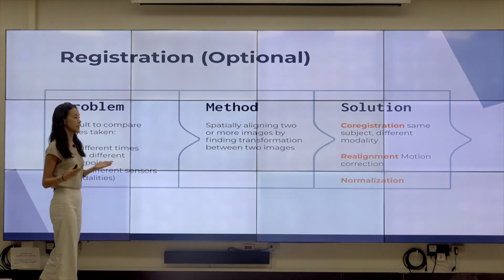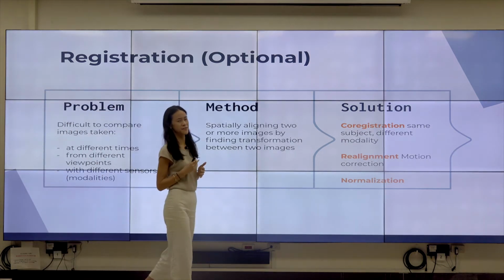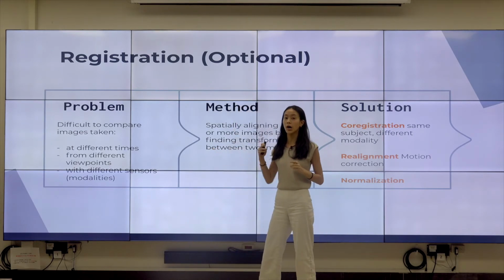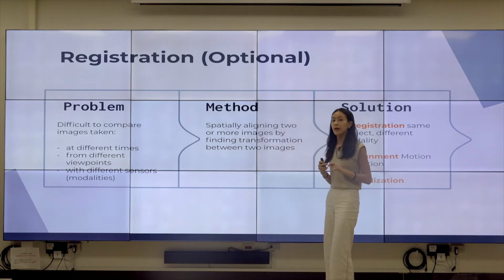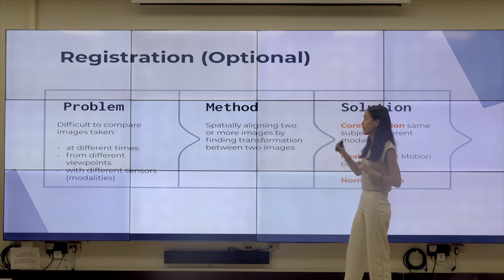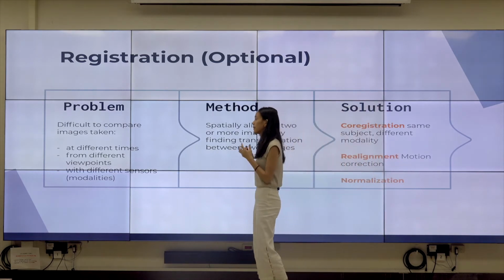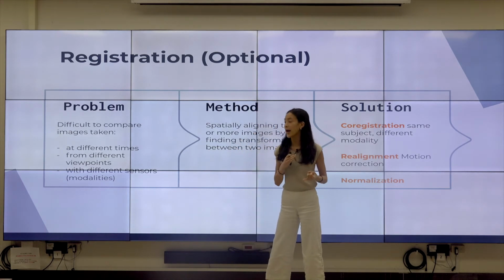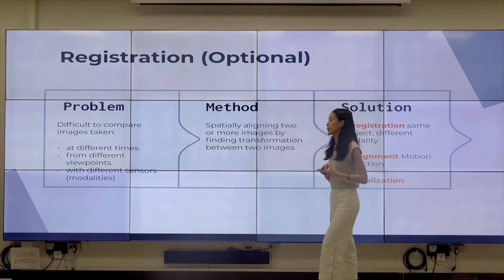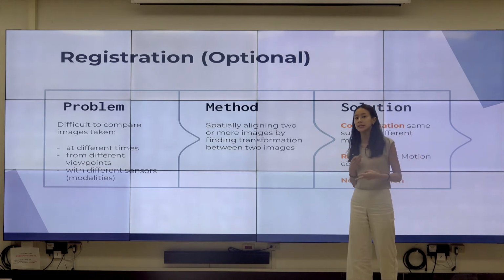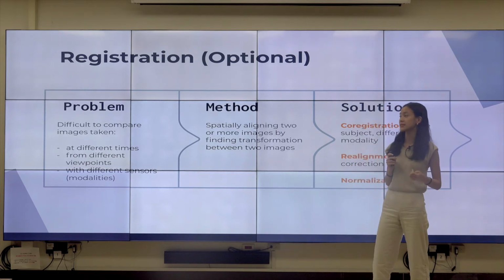So for the third part that we talked about, registration. This process is very optional, and we're going to go into deeper depth on this concept in a different lecture, but just a brief overview today. The problem with registration is that sometimes it's very difficult to compare images that are taken at different times, from different viewpoints, or even with different sensors, so different modalities, potentially MR to CT or PET or SPECT scans.